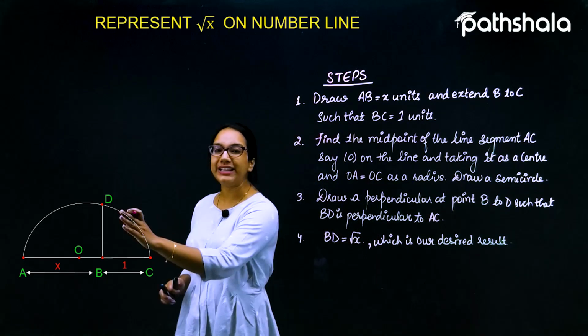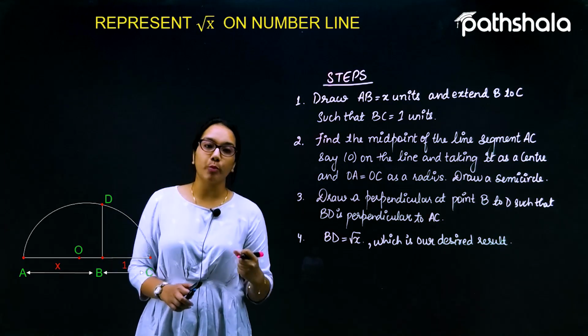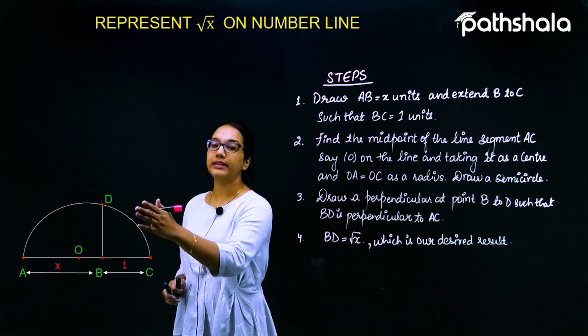So how is this BD of root x units? Let us discuss it. Let us suppose I am joining O and D over here.